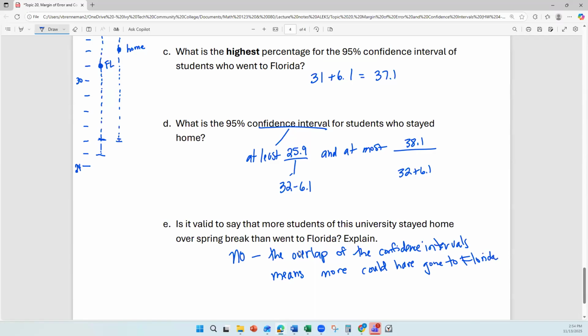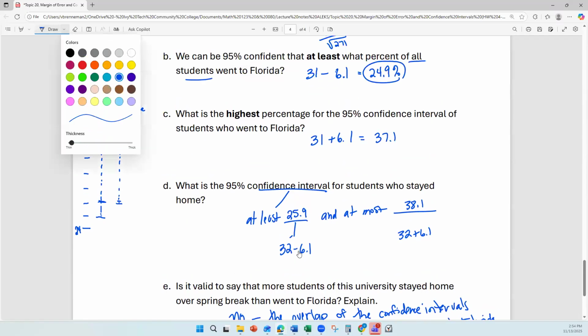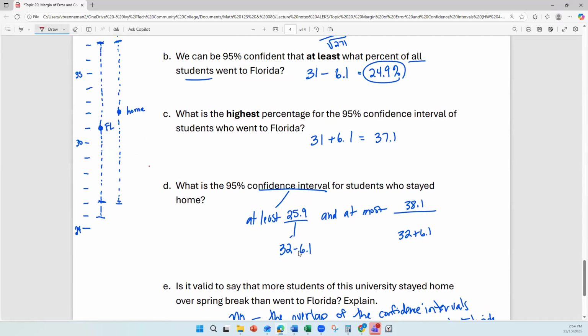Okay. If we had a much smaller confidence interval, so let's say our margin of error was like 0.4. And so then my intervals would be like these real tiny little intervals to where the home interval is fully above. There's actually a little gap between them.